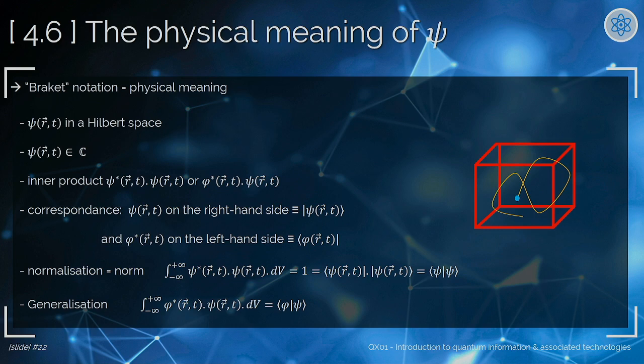And if I translate that into the bracket notation, I end up with my bracket inner product between psi and psi in this particular case. So it's normally the norm of the ket psi. And this would be the generalization of having a psi phi inner product.